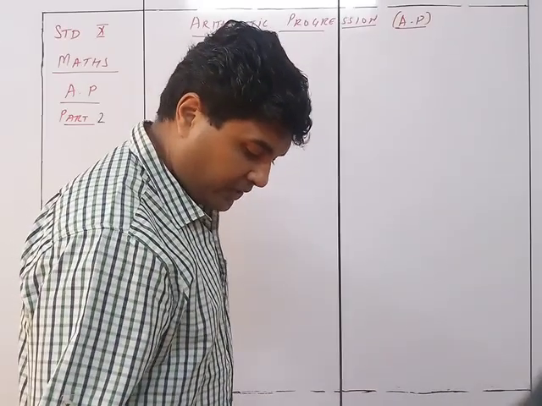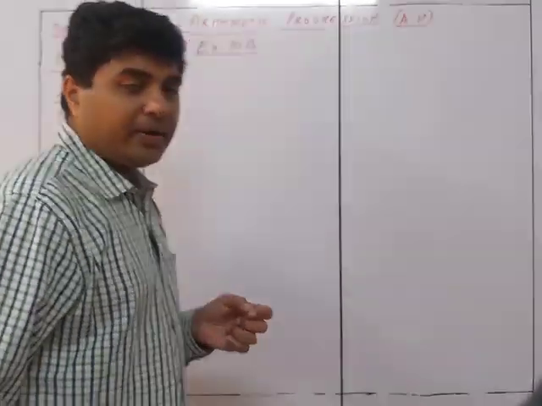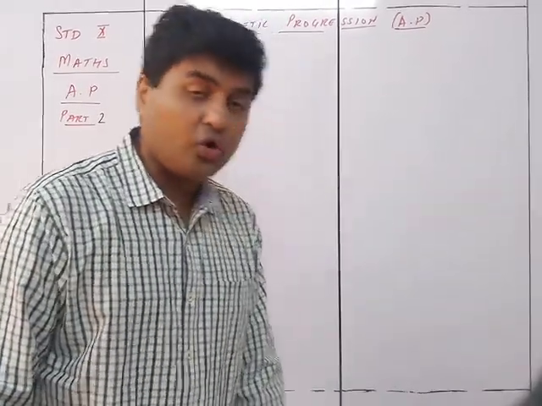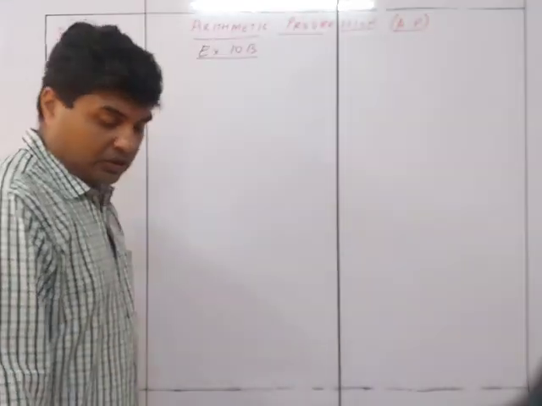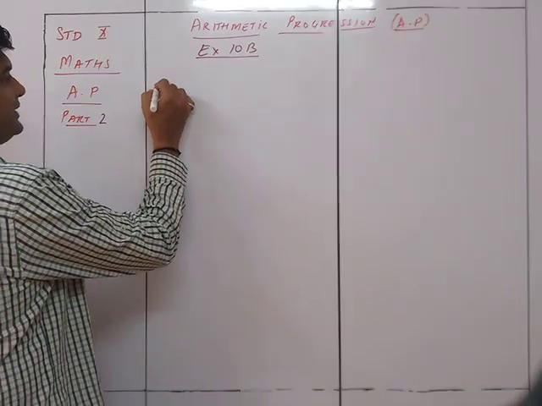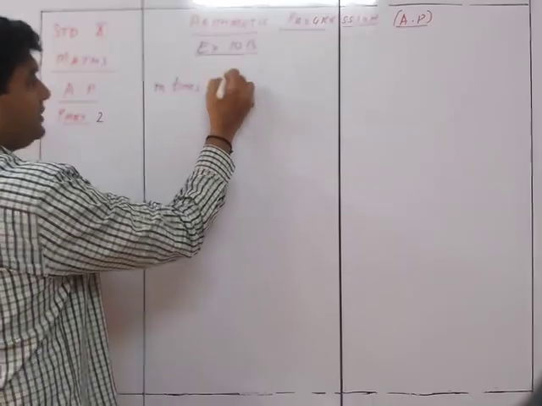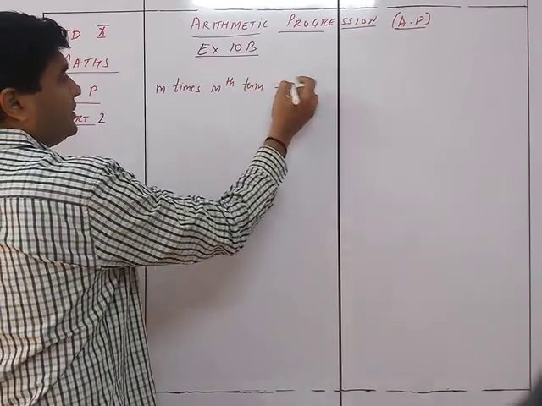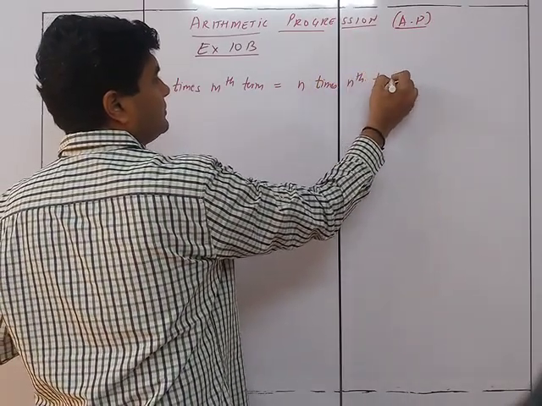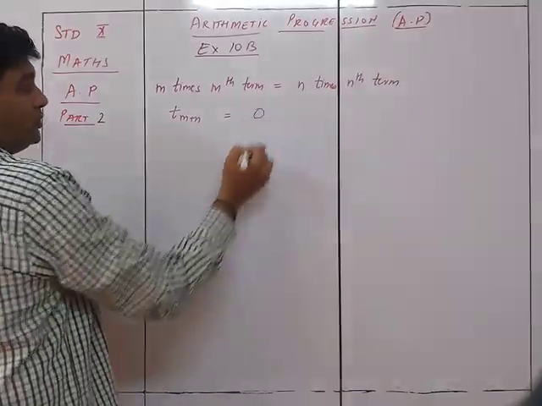For this particular sum, there is a rule we can follow to make it easier. The rule is that if m times the mth term is equal to n times the nth term, then T(m plus n) is equal to 0.